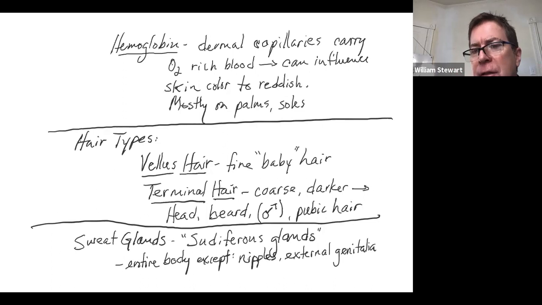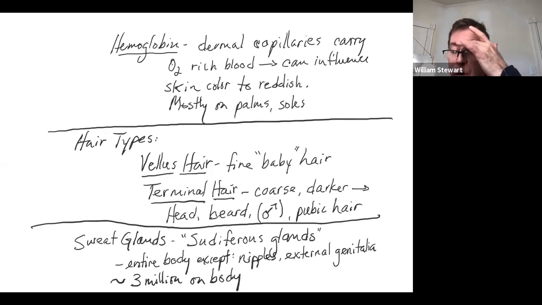Roughly, that's an average, we have roughly about 3 million covering our body. Now I need to go to a new whiteboard. There are 2 major classes or categories of sweat glands.